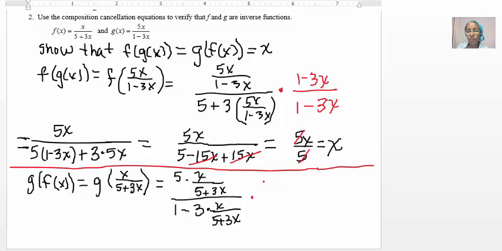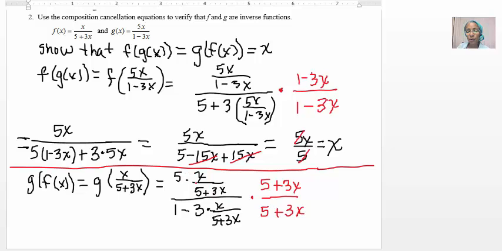And what I'm going to do is multiply. I have two identical minor fractions. So I have the denominator of each minor fraction as 5 plus 3x.